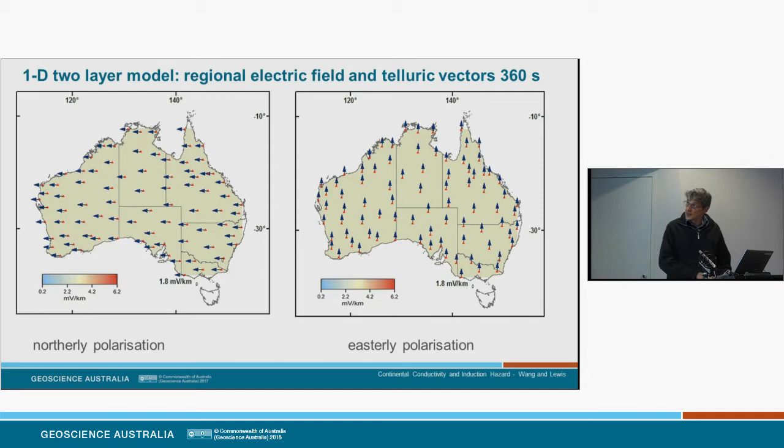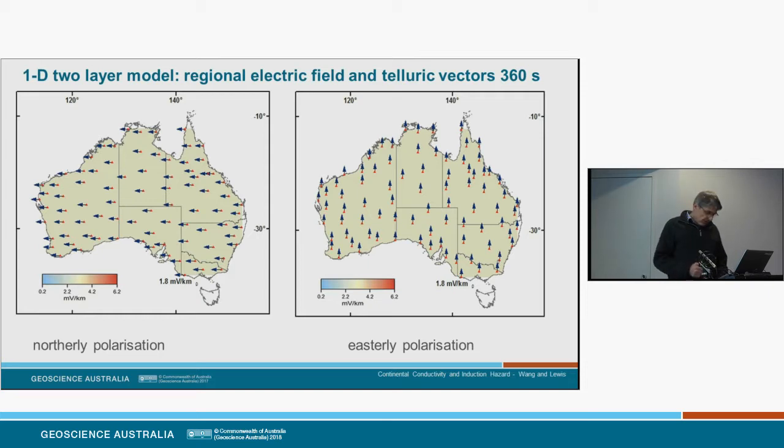You can see the induced field is uniform across the country, with a northerly magnetic polarisation inducing electric fields in the east-west direction and easterly magnetic polarisation in the north-south direction. The magnitude of those is around 2 millivolts per kilometre per nanotesla for this 360-second magnetic variation.